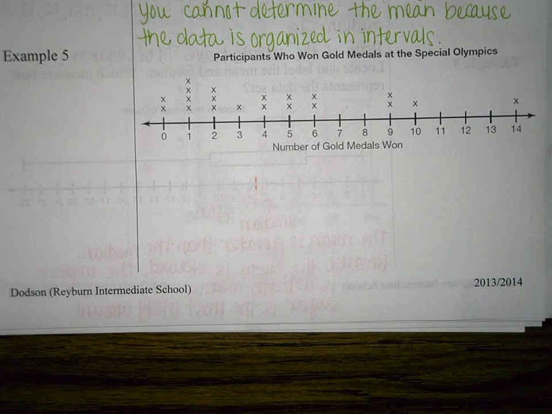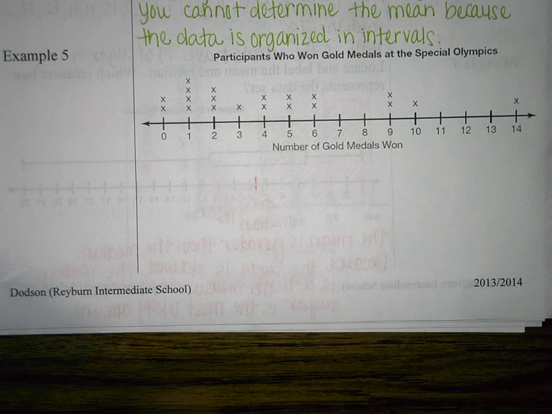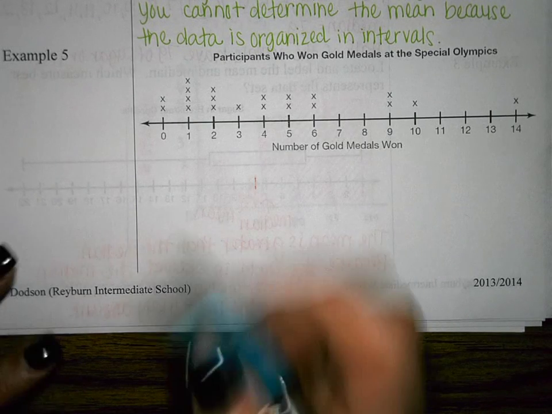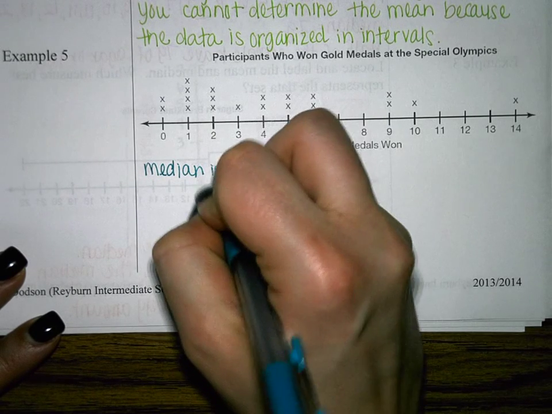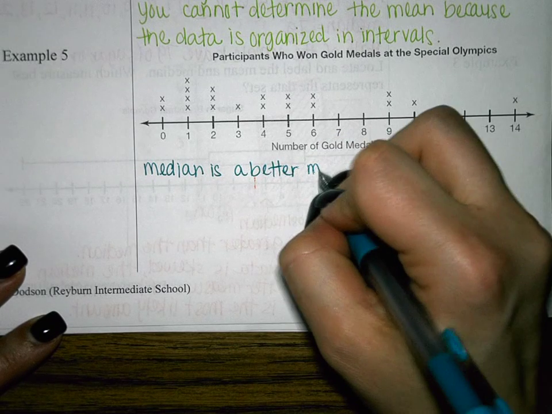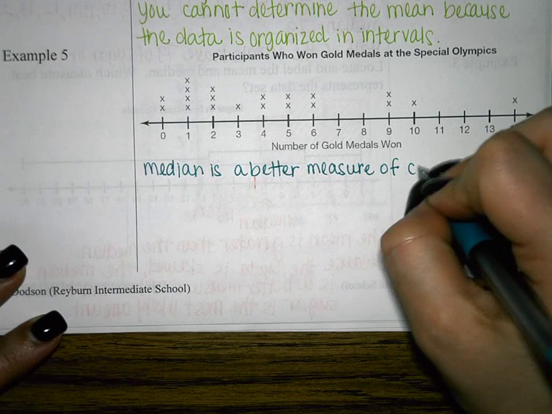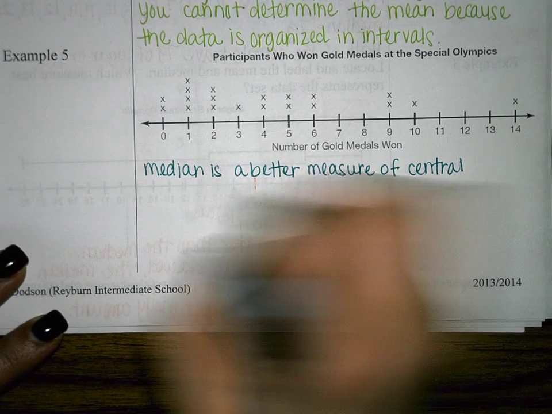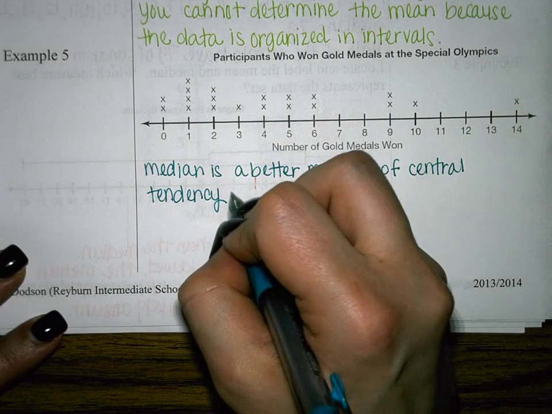So this is definitely skewed to the right. Because our data is skewed, the mean is going to give us something around here, but our median is more off to the left. So median would be a better measure of central tendency, because the data is skewed right.